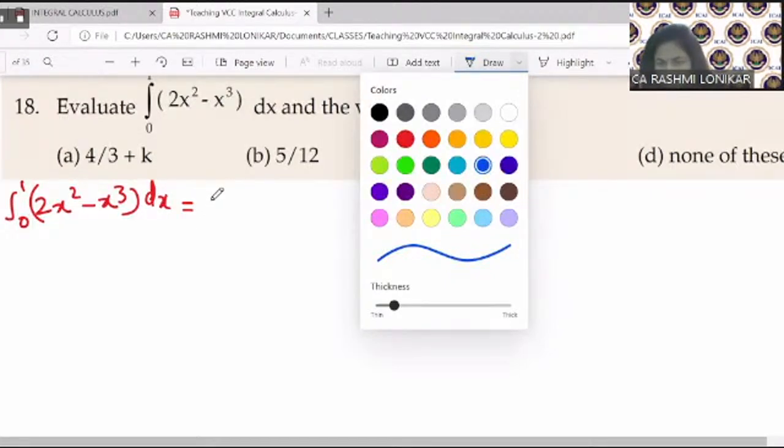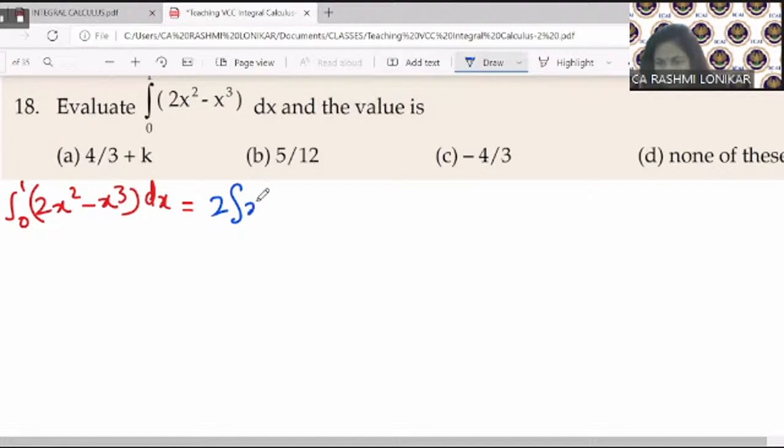This is equal to 2 integral x square dx, x going from 0 to 1, minus integral of x cube dx, x going from 0 to 1.